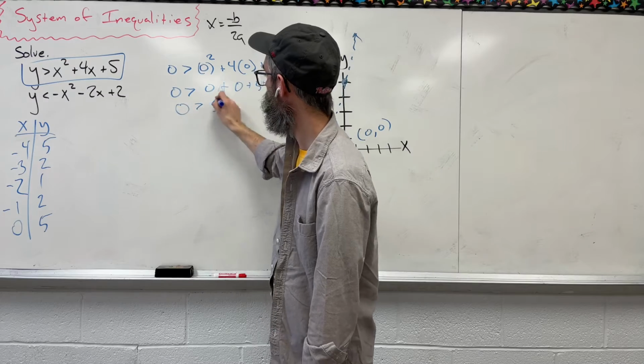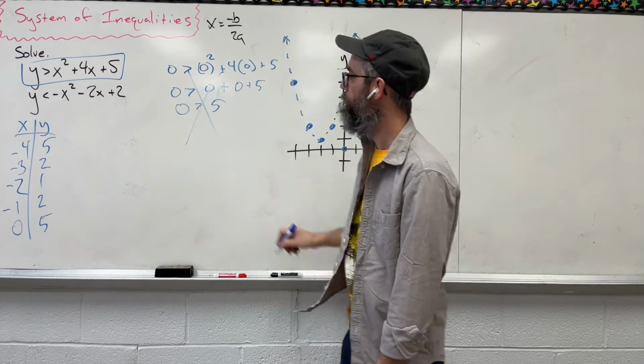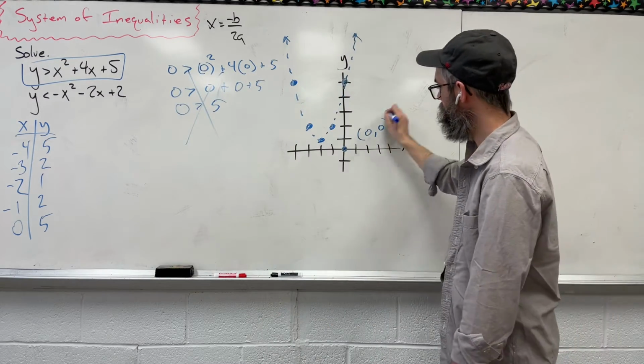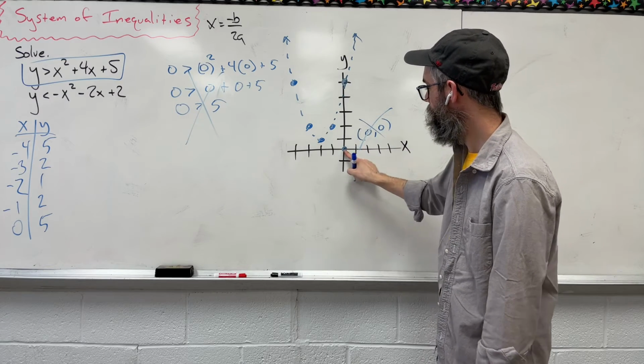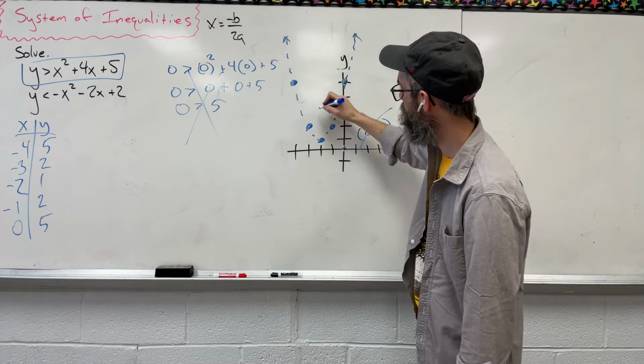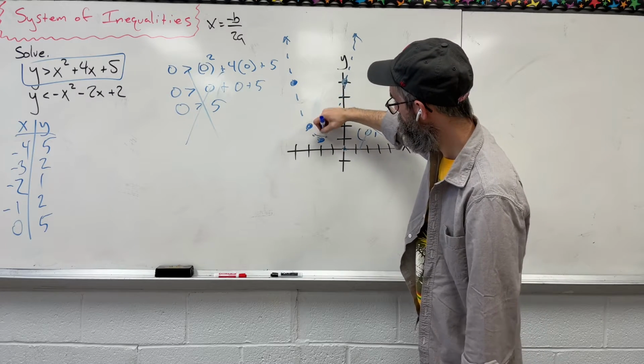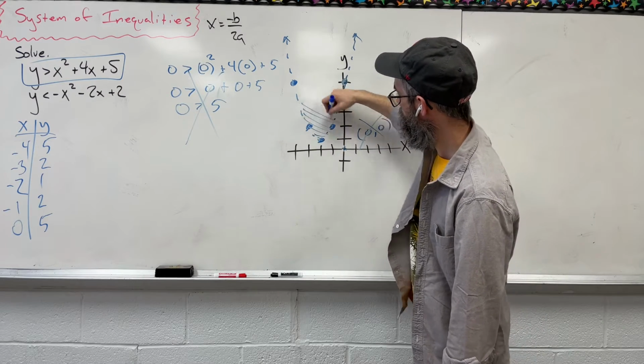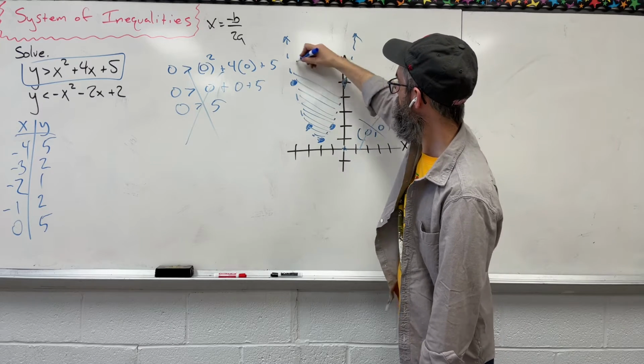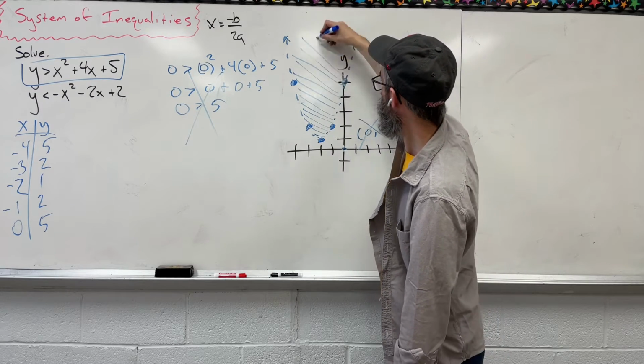Is 0 bigger than 5? No. Statement does not make sense. That means this does not make sense. But everything on the inside will. So we could shade everything inside this graph.